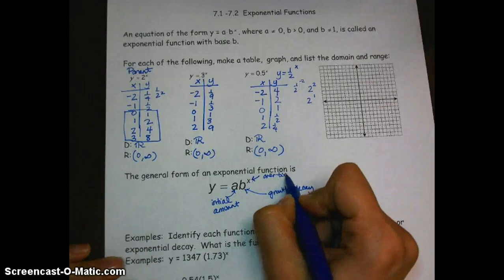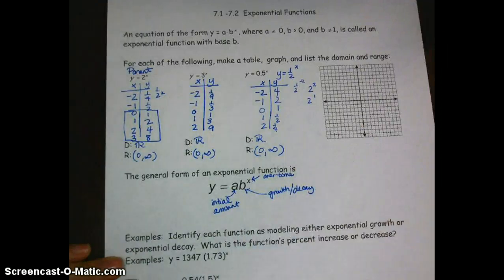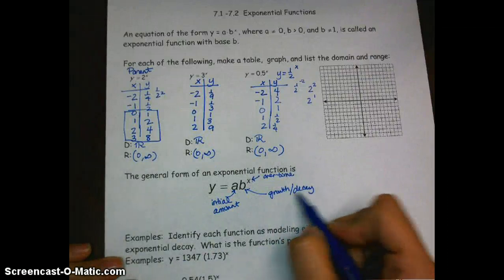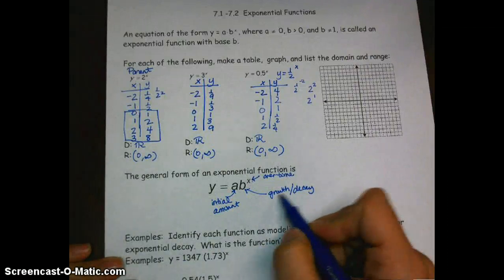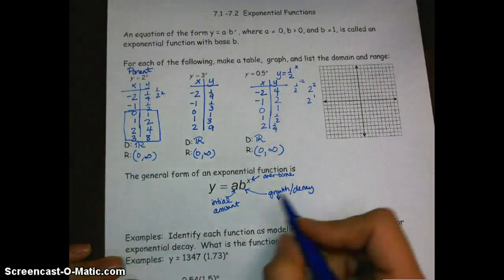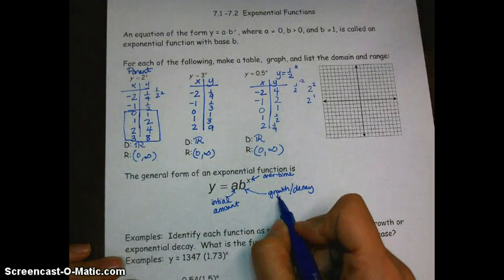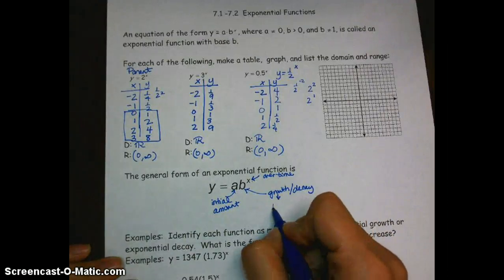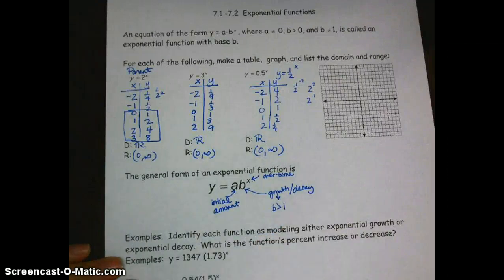So for applications, that's what those positions mean. Now for growth and decay, we need to talk about it a little bit more. How do you know if this function is growing or decreasing? It's a growth function if b is greater than 1. That makes things grow, similar to scale factors in geometry.